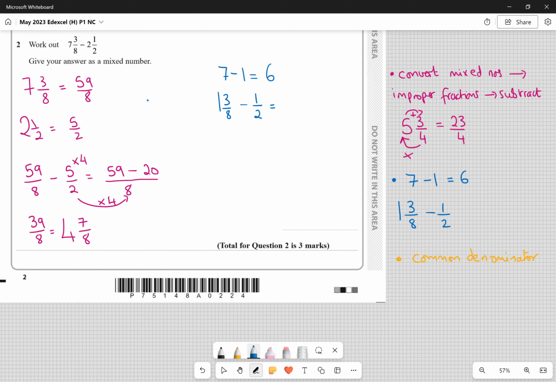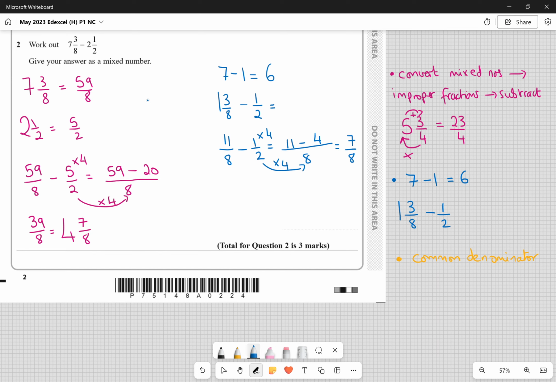So 1 times 8 is 8, plus 3 is 11, 11 over 8, minus a half. Again, 8 is going to be the common denominator, and the denominator has stayed the same, so the numerator will stay the same. 2 times 4 is 8, 1 times 4 is 4, and we're subtracting, so 8 take away 4. And here, 11 take away 4 is 7 over 8.